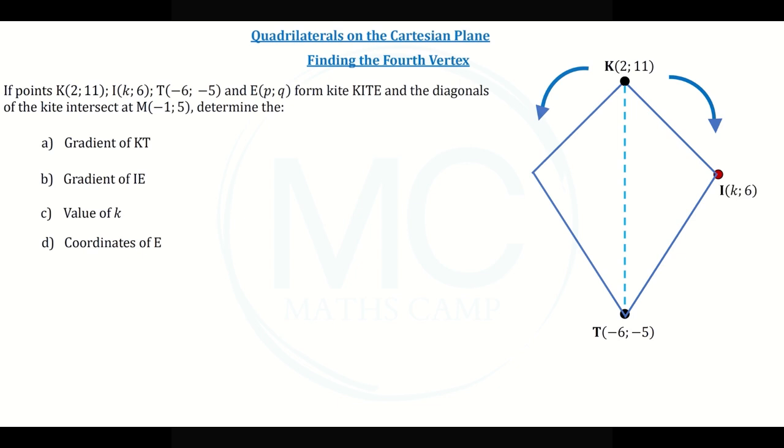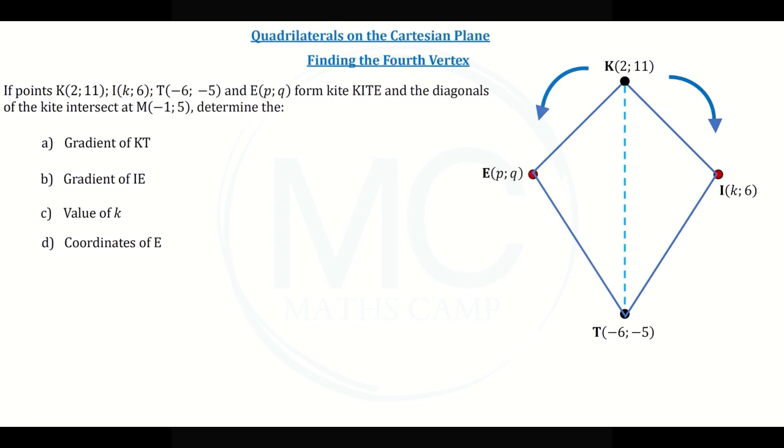Now we have K, I, and T, so the final point on the left must be E. Again, we aren't sure that this is in fact point E, so let's plot this point in red and write down the unknown coordinates p, q.